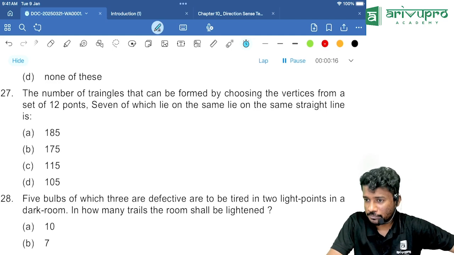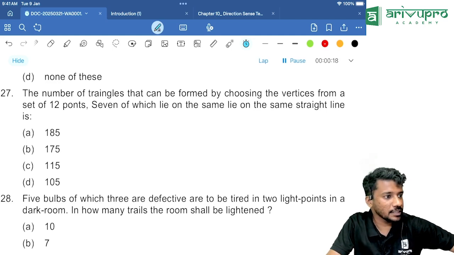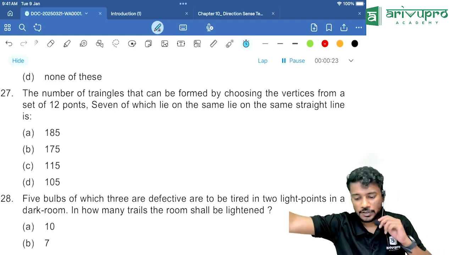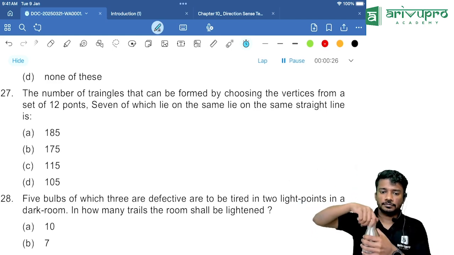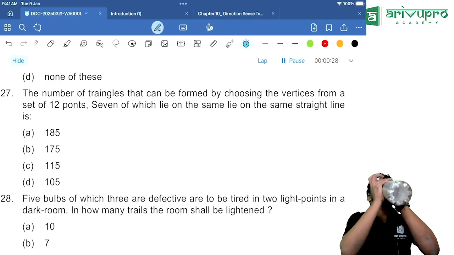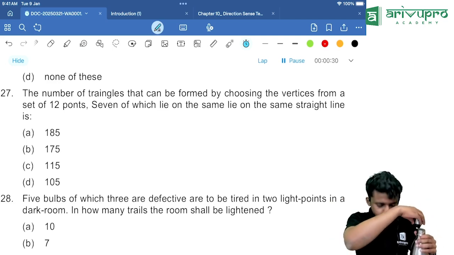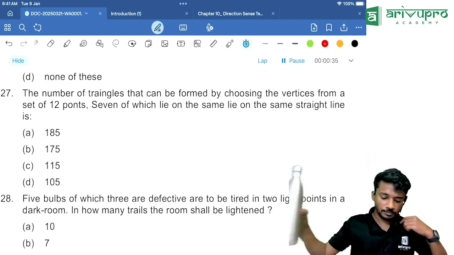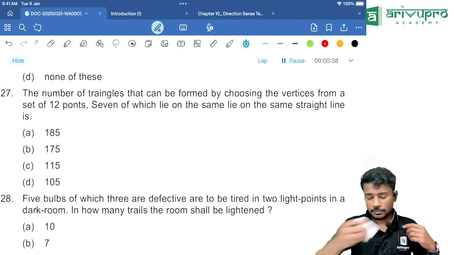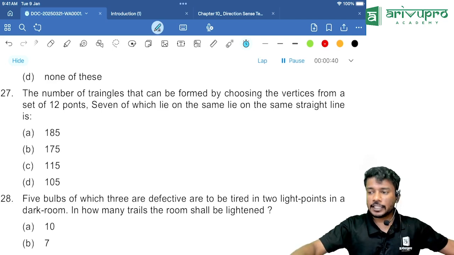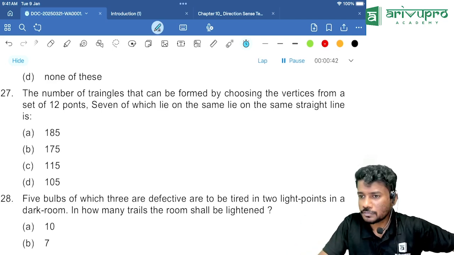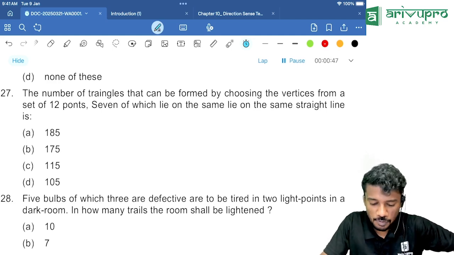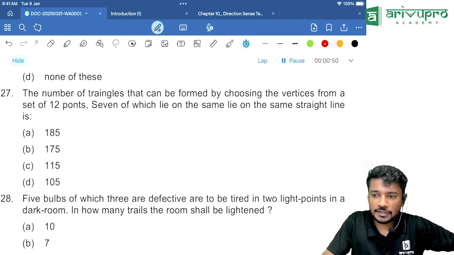Think logically, you will get the answer. 30 seconds more. Twenty seconds more. Last 10 seconds.